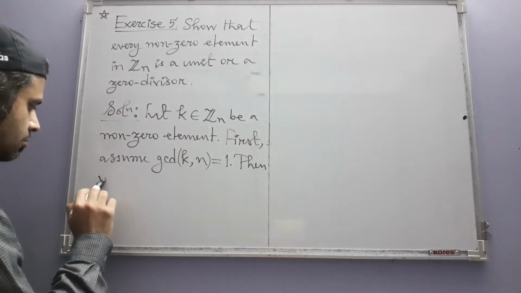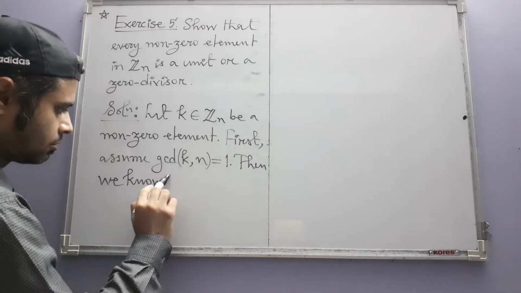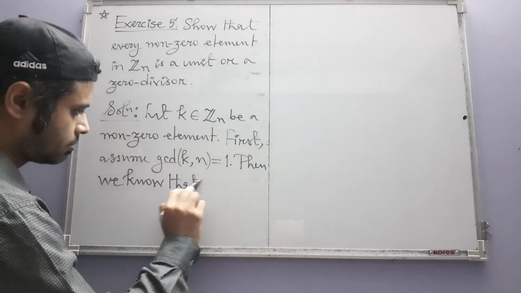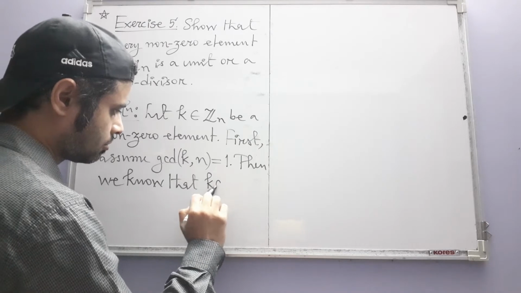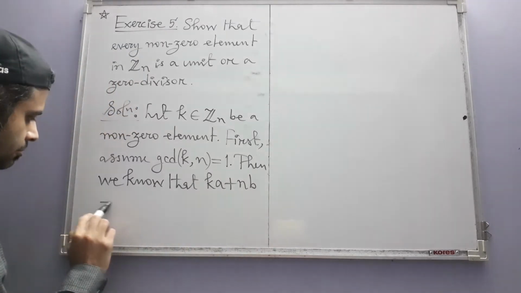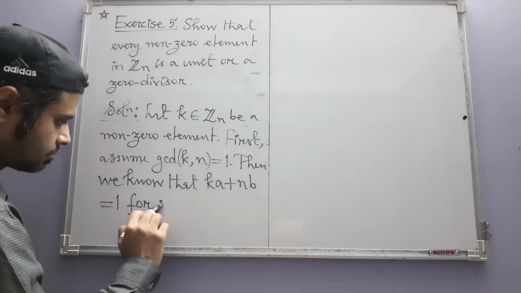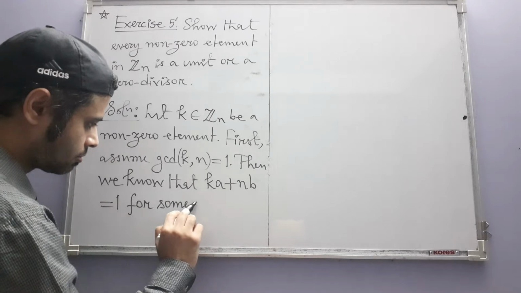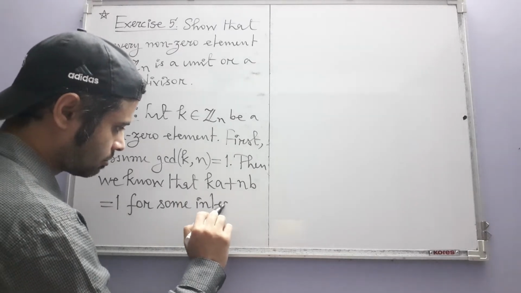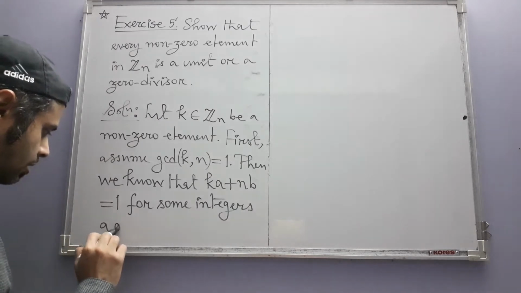Then we know that ka plus nb is equal to 1 for some integers a and b.